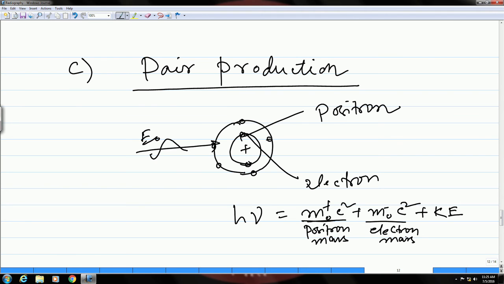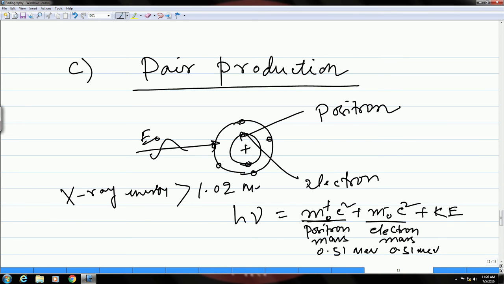For creating this mass, the minimum amount of energy needed for each is 0.551 mega electron volt, and that is why the X-ray energy in this case must be above 1.02 mega electron volt if pair production has to happen, because that is the minimum energy needed for creating the mass for the positron and the electron.